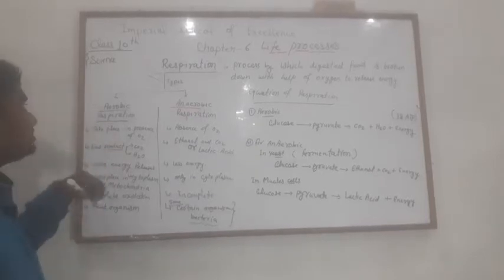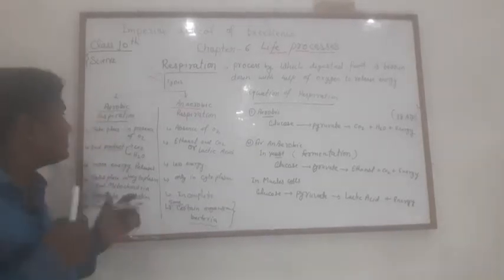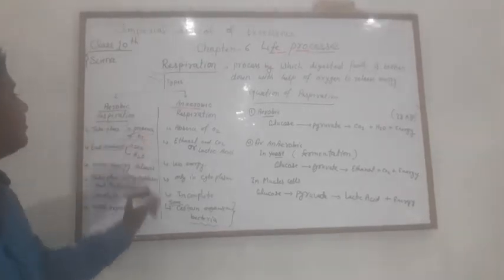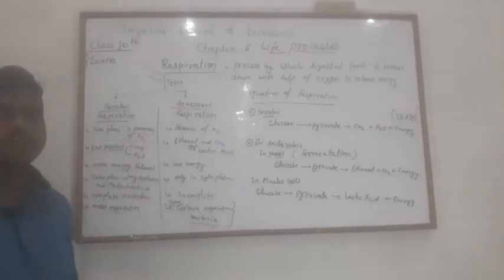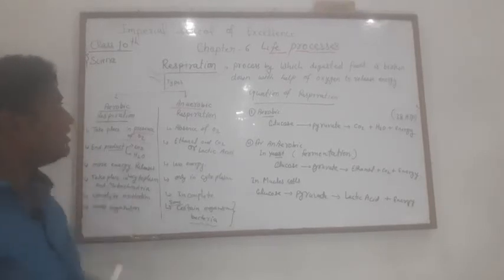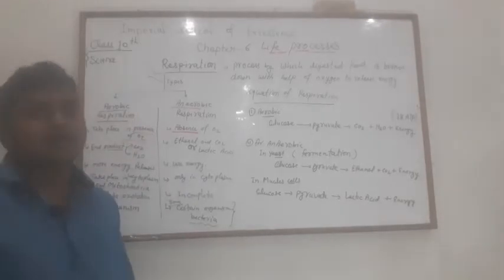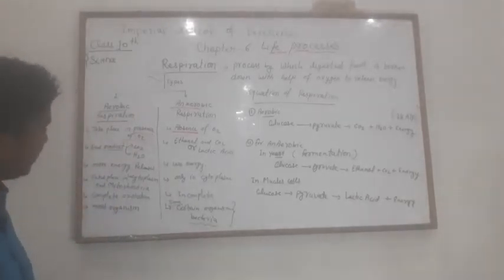When respiration takes place in the presence of oxygen, such type of respiration is known as aerobic respiration. When respiration happens in the absence of oxygen, such type of respiration is known as anaerobic respiration.